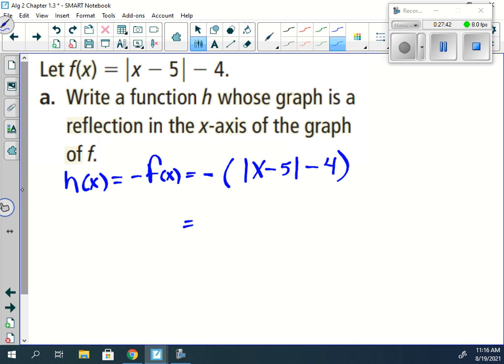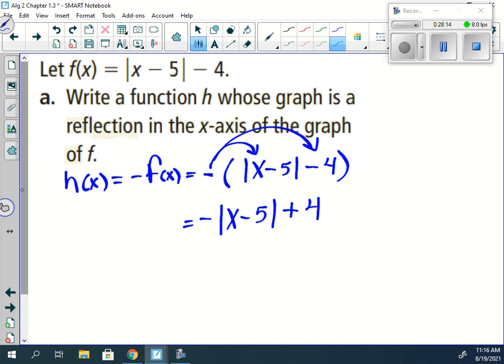What do we need to do next? Clear out the parentheses by distributing the negative. Now, the negative does not go into the absolute value. It won't just go inside. It stays on the outside. So that becomes negative absolute value of x minus 5, plus 4. The negative 4, a negative and negative make a positive.